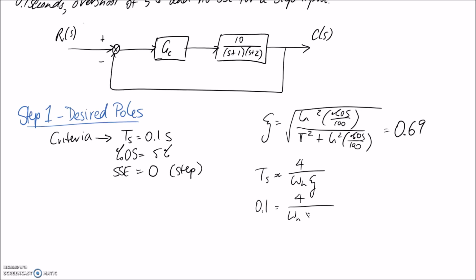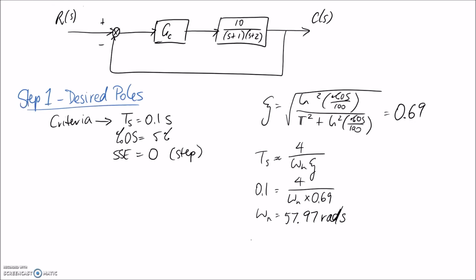Omega n is what we're trying to determine, and we've already said zeta needs to be 0.69. So we find out that our natural frequency needs to be about 57.97 radians per second.